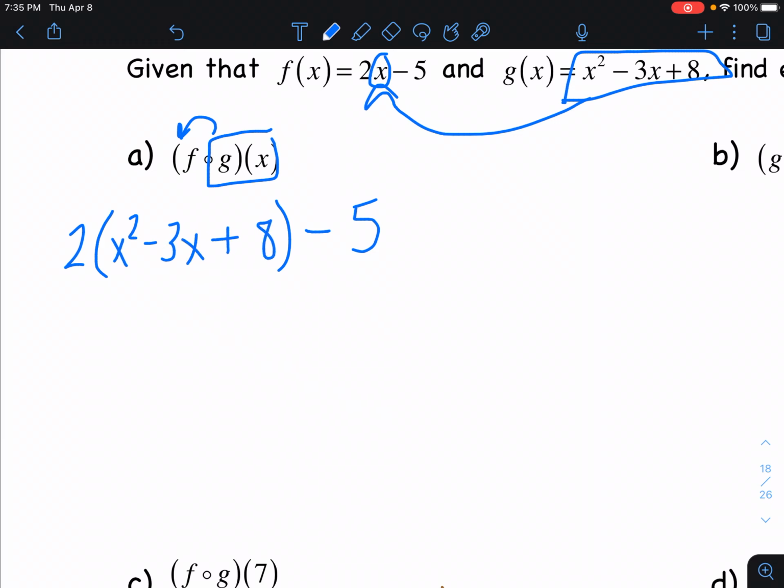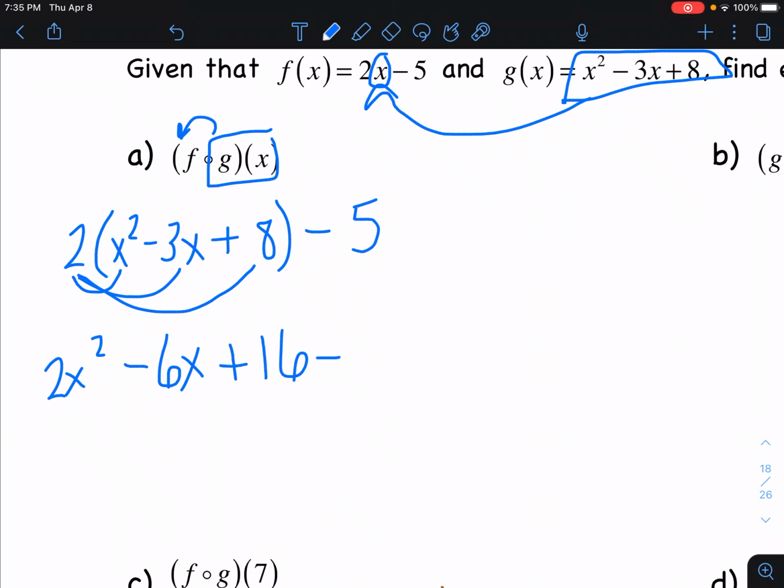So g went in for x, and so what we have to do there then is simplify it, such as distribute if we need to, FOIL if we need to, combine like terms if we need to. So here we would end up distributing a 2 times x squared, 2 times negative 3x, 2 times 8, and then drag down the minus 5.